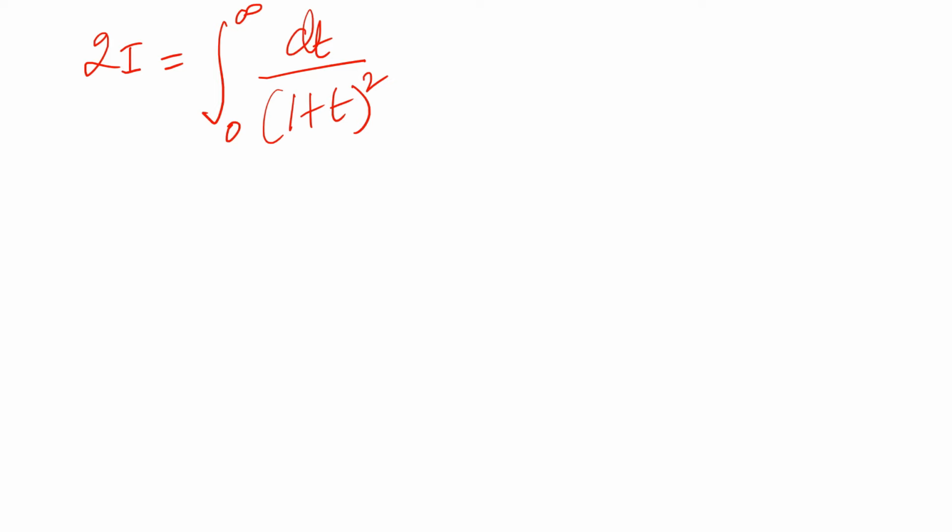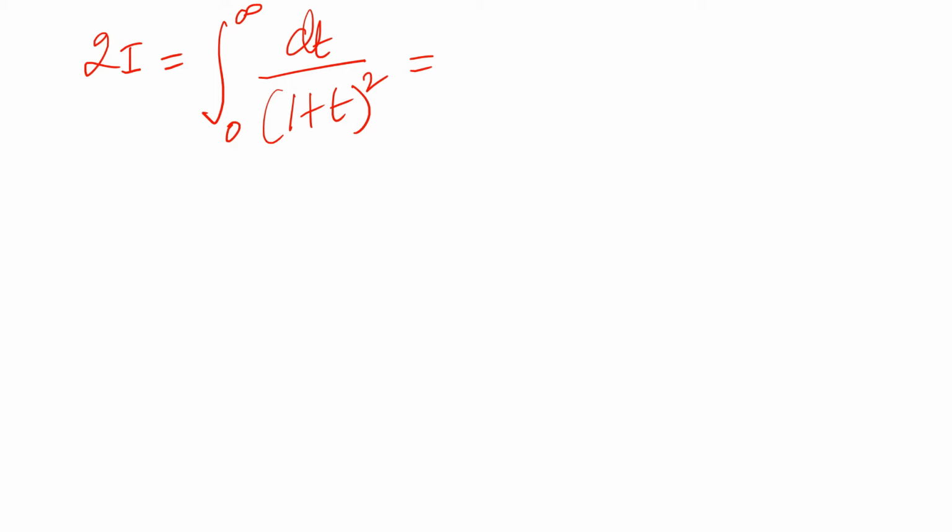Now when we put tan theta equal to t, the integral becomes 2I equal to 0 to infinity, because now we'll be changing the limits as well. And in the numerator we had 1 plus tan square theta d theta, which now becomes secant square theta d theta. And since we have put tan theta equal to t, secant square theta d theta becomes dt. In the denominator we now have 1 plus t whole square, right? Now dt upon 1 plus t whole square means it is (t plus 1) to the power minus 2.